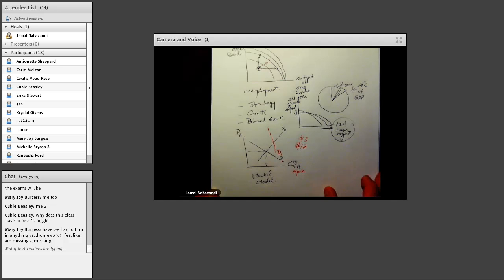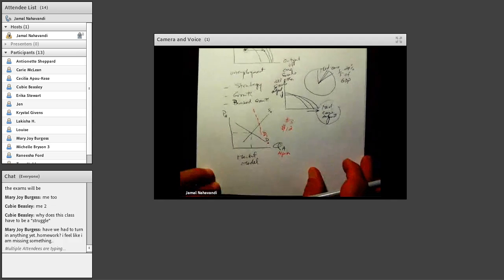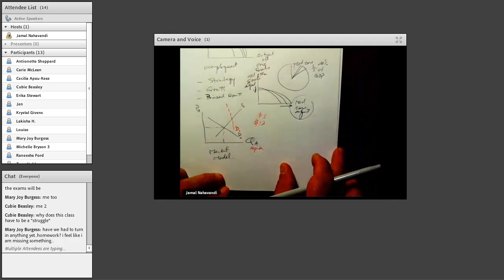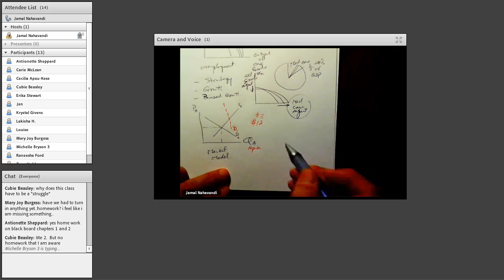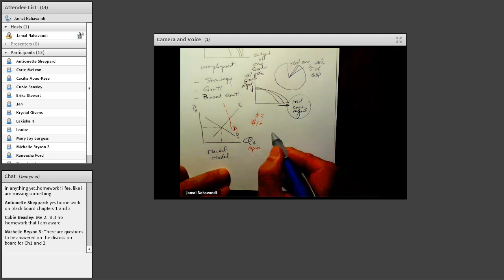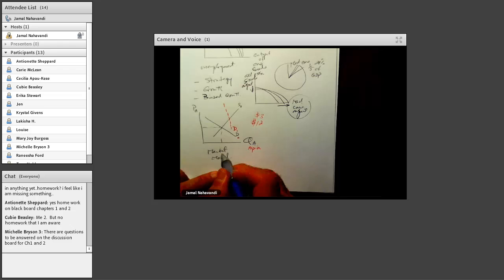Okay. If you were to use this model to talk about improvement in medical care, let's look at one particular product. And every product has to have a separate model. When you put things in the context of market models, this has to be the quantity axis, this has to be price, not anything else.